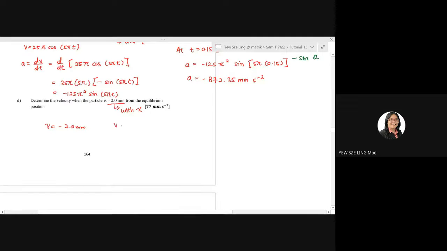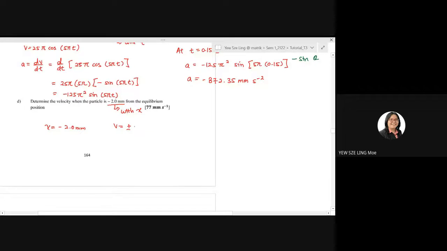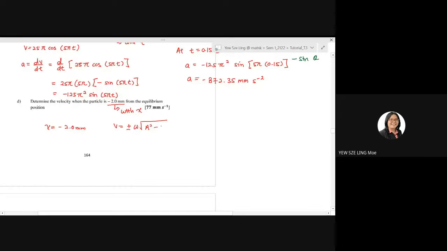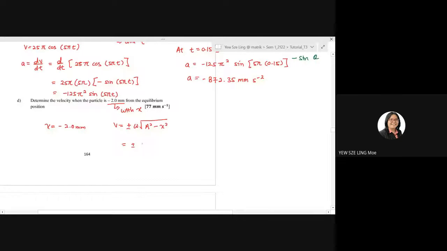Therefore, I have V equals, now this question asks you to determine velocity. Velocity is a vector quantity, so you need to take into consideration the direction, which means you need to keep the sign convention. V equals plus minus omega square root of A squared minus X squared, which equals plus minus 5 pi square root of 5 squared minus negative 2 squared.